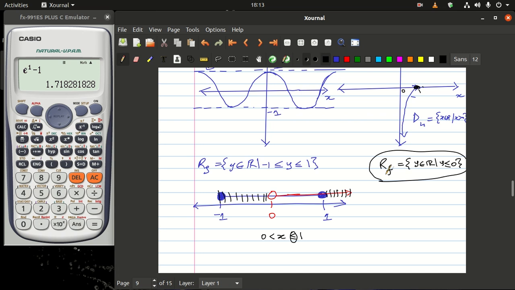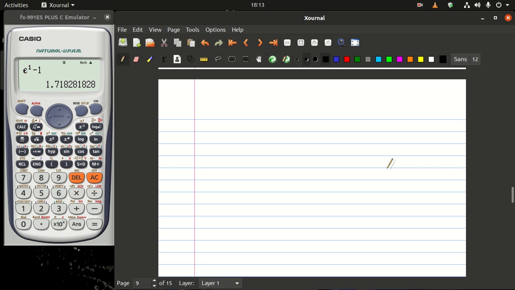Now let's take one last example and then we can call it a day. So this one here, I'm not sure whether it's example 2, let me call it. We have example 2 here.